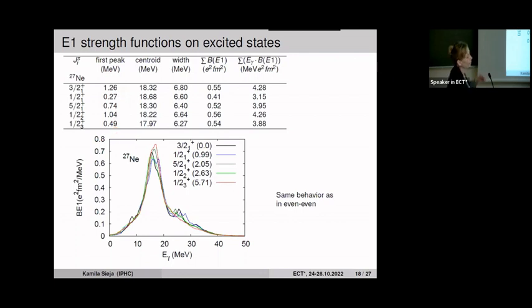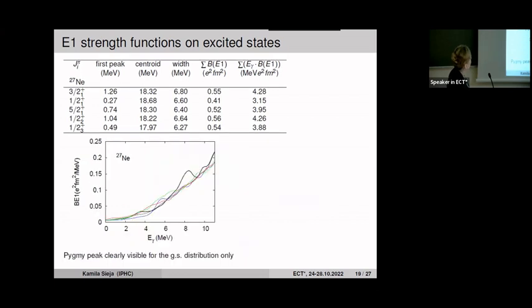The energy of the first peak goes down when you go up with the excitation energy of your initial state. And here the sum rule again is quite a bit larger for the ground state because of this bump here, though the effects are not as pronounced as in neon 26. But generally, the odd nucleus has more or less the same behavior.